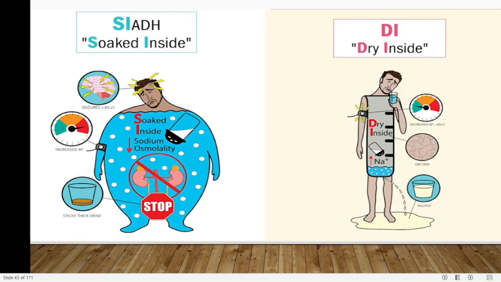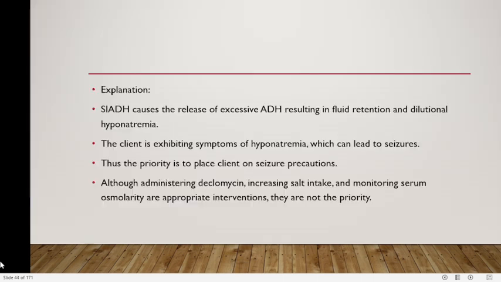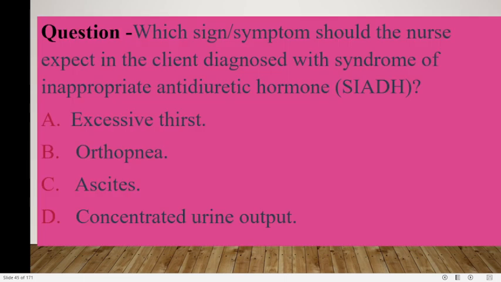Another one inside has less fluids. The one with less fluids is also experiencing hypernatremia as opposed to the one with more fluids, which will be suffering from hyponatremia. So that's why we say you start those seizure precaution measures.